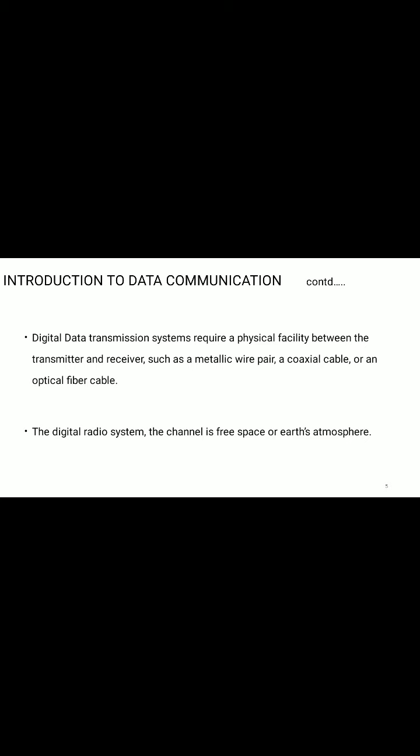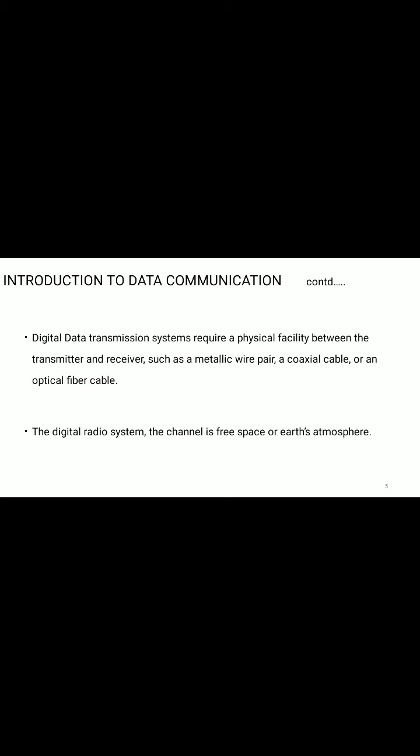Even without using wire, we can send the data. When we send data using wire, we call it wired communication. When we send data without wire, we call it wireless communication. Wireless communication is used in radio systems.